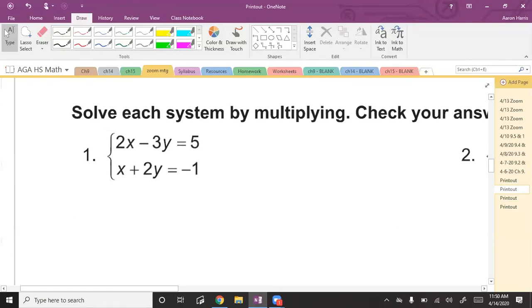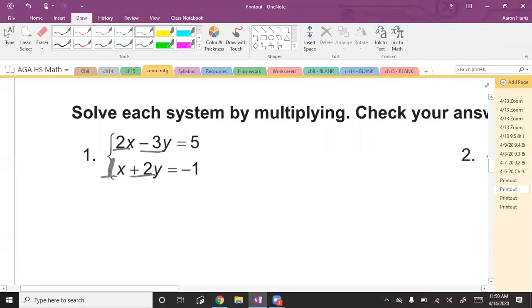All right, so let's talk about these coefficients, okay? I have a 2. What's that number? That's a 1. A 1, good. What's that number? Negative 3. And positive 2. Does 2 match with 1? No. Does negative 3 match with the 2? No. So what's the easiest one to change?